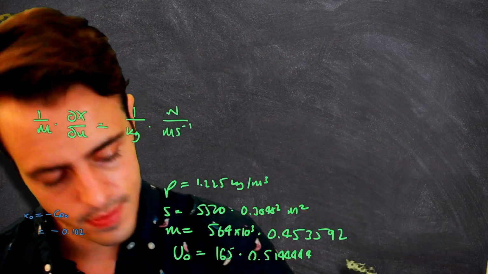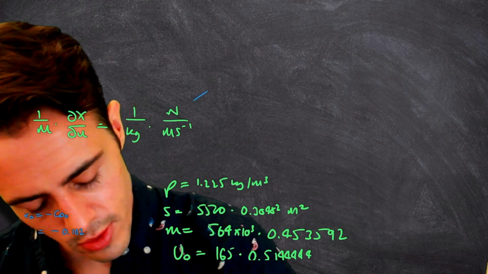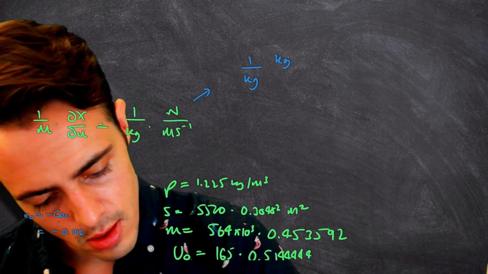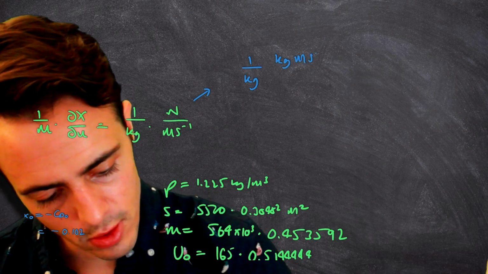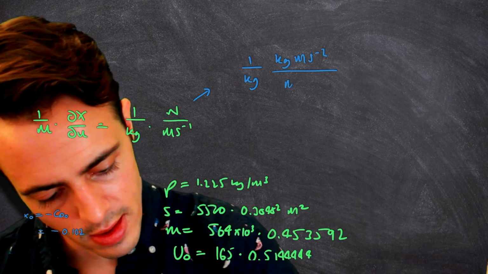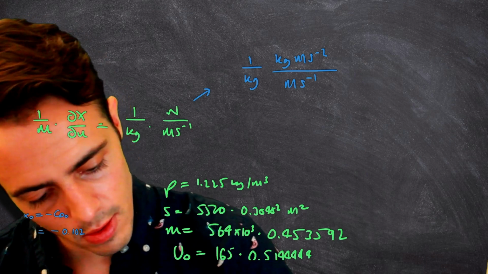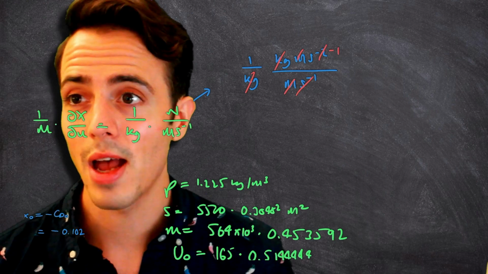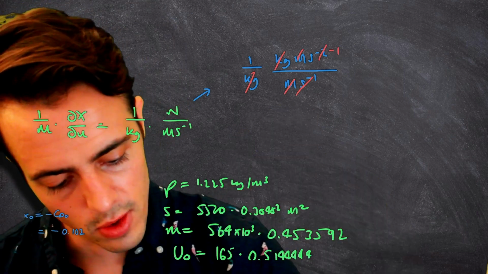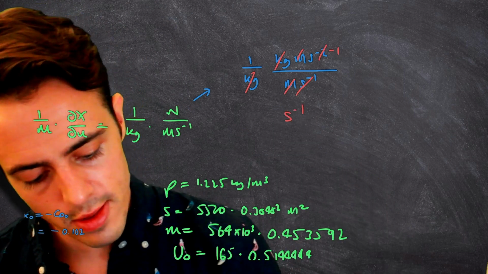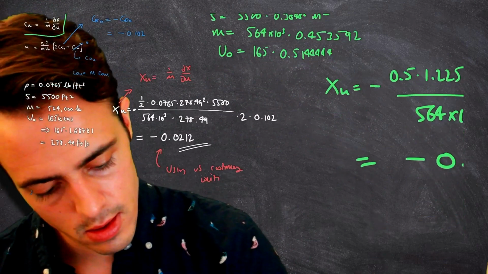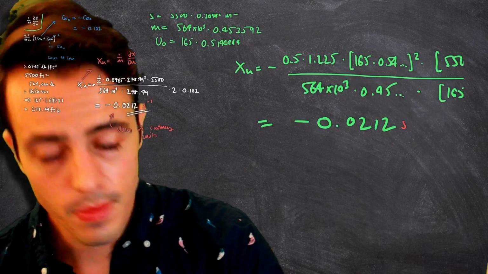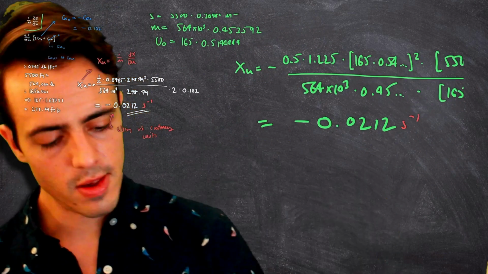Well, that's equal to 1 over kilograms multiplied by kilogram meters per second squared divided by meters per second. So the kilograms cancel, these cancel, and those cancel to give us seconds to the -1. So the units of both of these are just seconds to the -1.